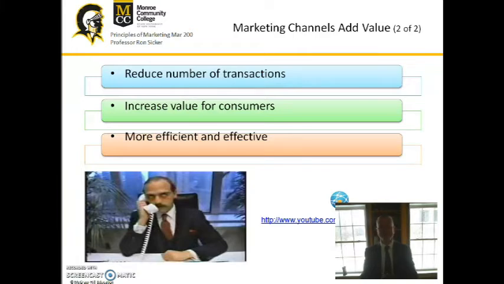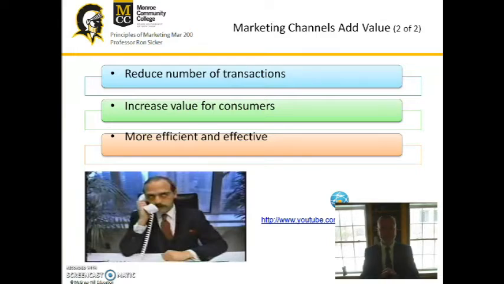Maybe it's not a retail store, maybe it's a restaurant. Therefore, Kraft can send one truck, and then the distribution center can send out many trucks to restaurants and many trucks to wholesale food companies and places like Wegmans and Tops and that type of thing.